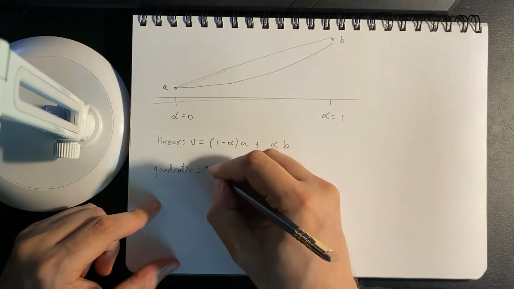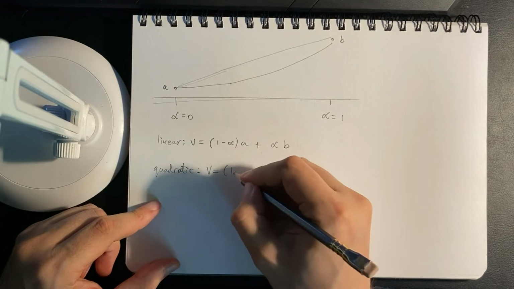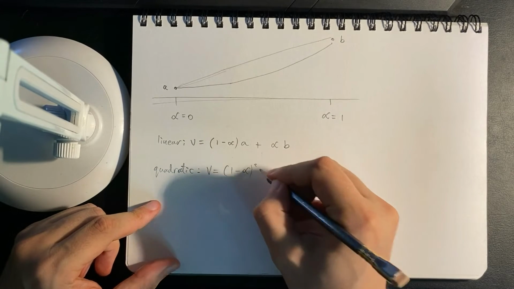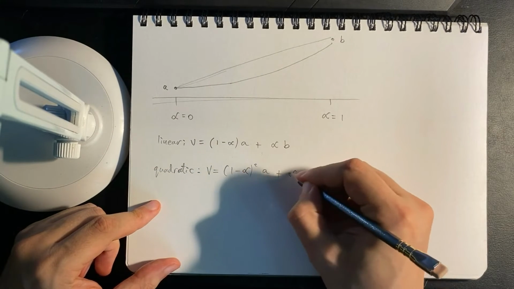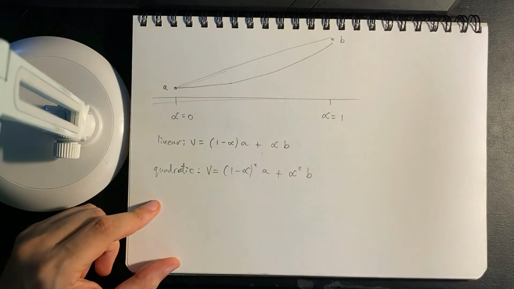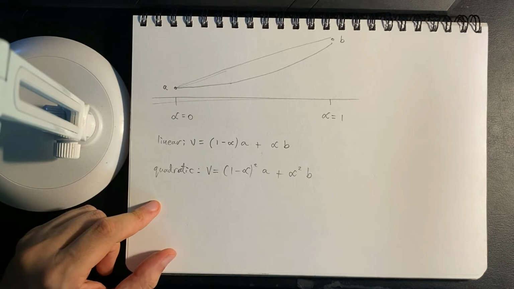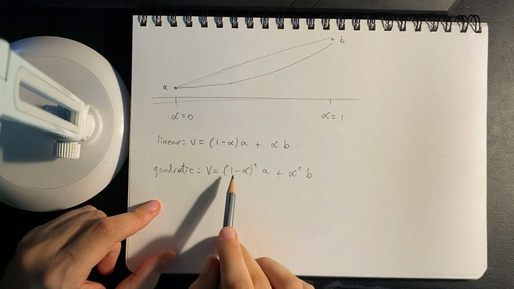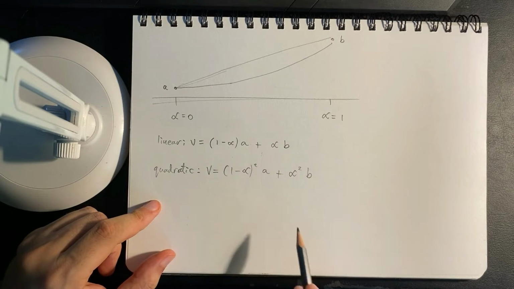So in the quadratic case, we'll have v equals (1 minus alpha) squared times a plus alpha squared times b. And the same edge cases apply. So when alpha equals 0, we've still got 1 times a. When alpha equals 1, we've still got 1 times b.